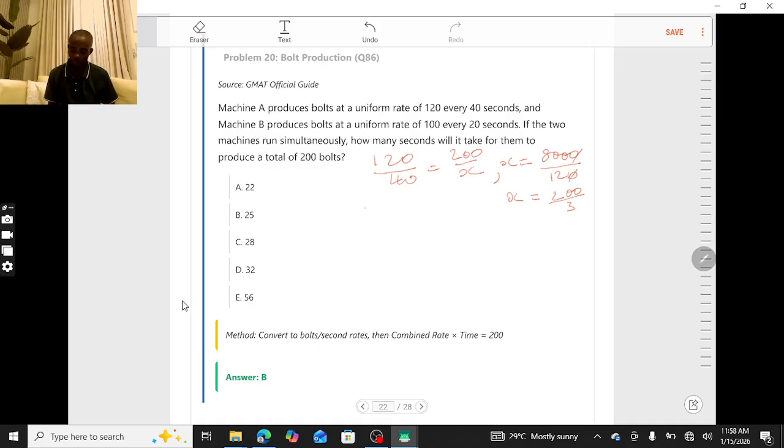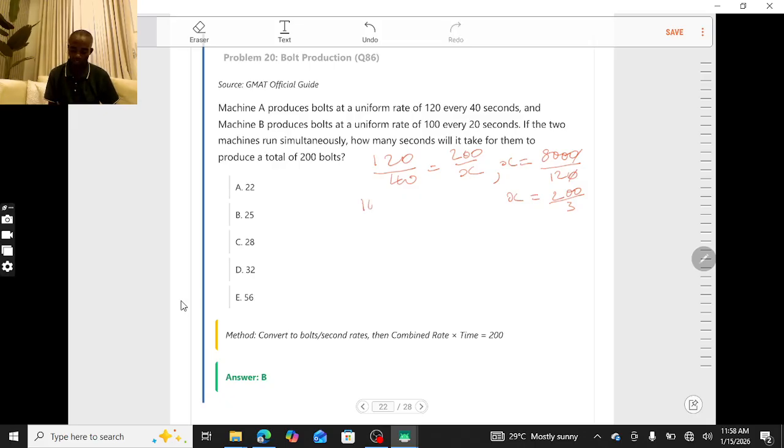The second one should be easier. 100 every 20 seconds. But let's still set it up. This is also a topic of its own. This is under proportion, direct and indirect proportion.